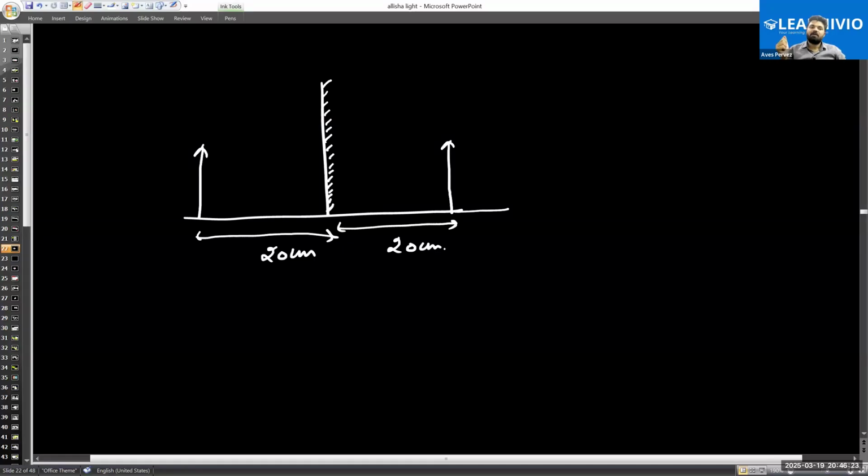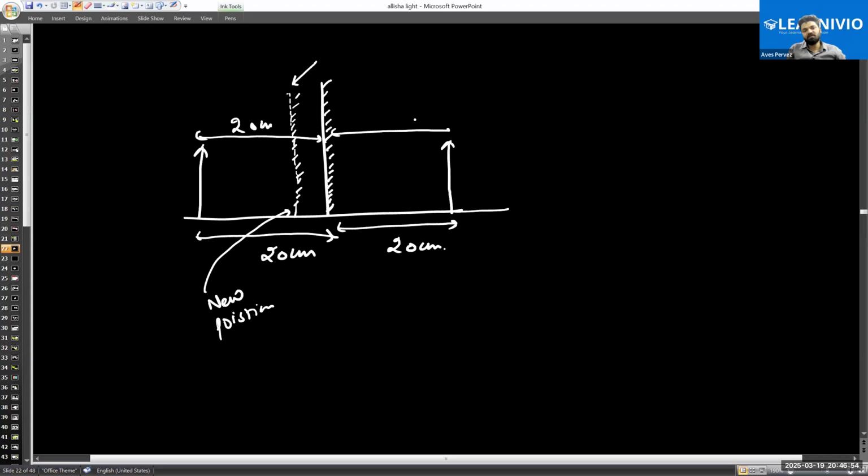It is saying that we have to move the mirror 2 centimeter towards the object. So let's suppose we move. This is the new position of the mirror. Now it is 2 centimeter away towards the object. So it is the new position of the mirror. Now previously, if it is 20 centimeter, then the image will be formed 20 centimeter from the mirror.